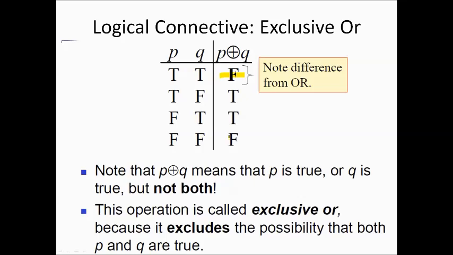But false and false, that would be false. So note that if you're using the exclusive OR, it means that P is true or Q is true, but not both. This operation is called the exclusive OR because it excludes the possibility that both P and Q are true. That's why it is called exclusive.